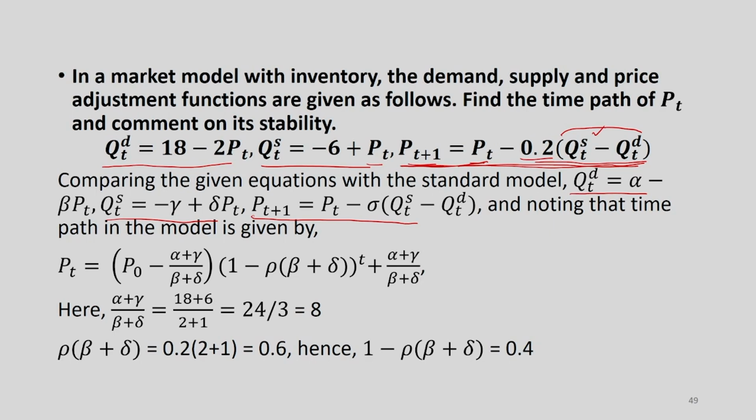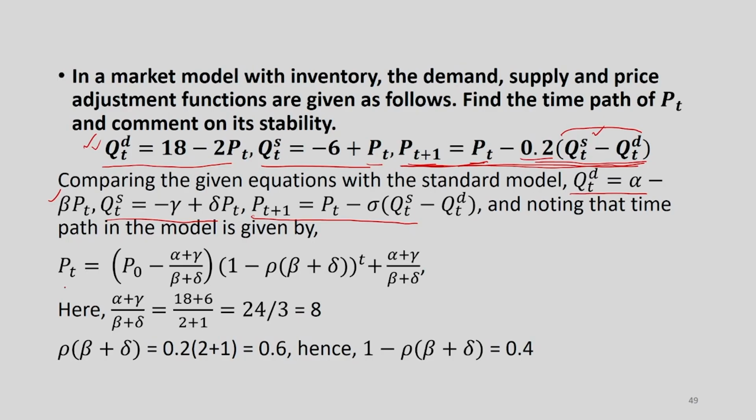These were the notations, and we can just compare these functions with these equations and figure out what are the alpha, beta, gamma, delta, sigma in this particular given set of functions.